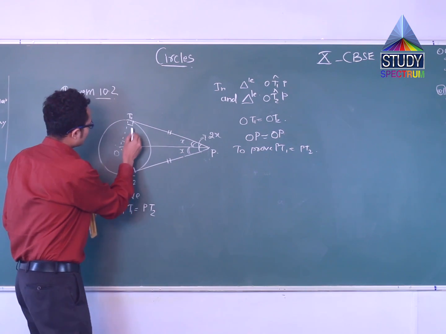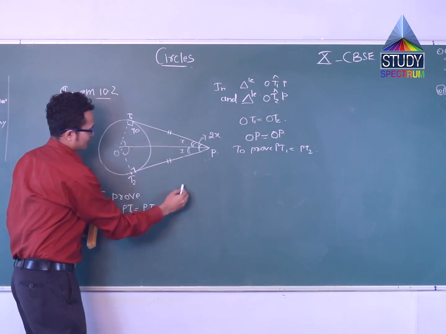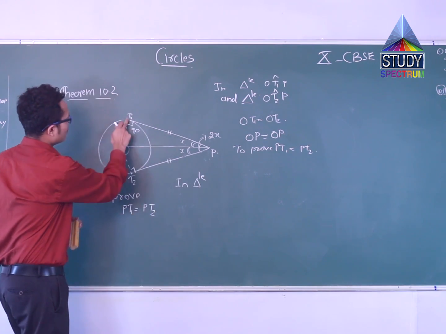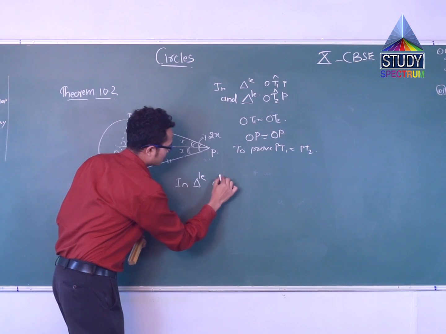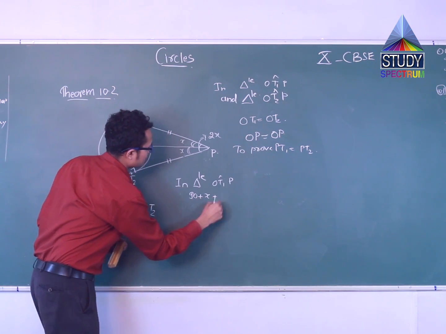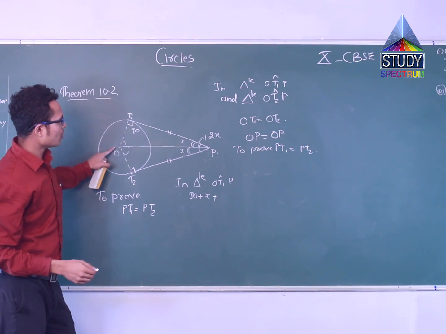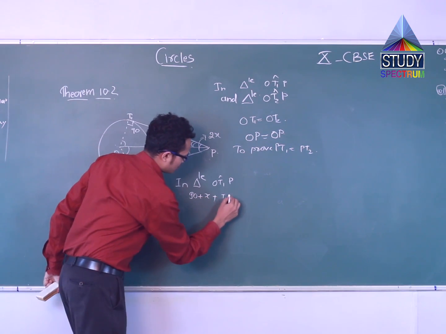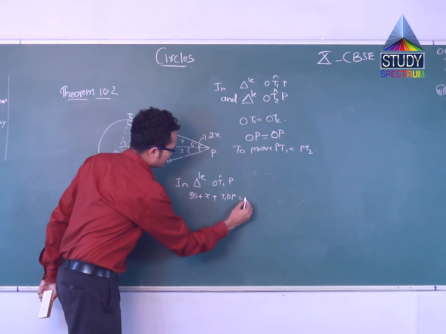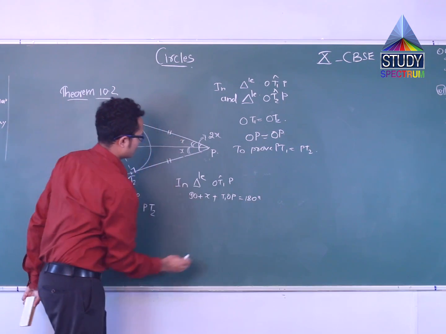So therefore, this is 90 degrees plus x. I'll write here, in triangle OT1P, 90 plus x plus T1OP is equal to 180 degrees.